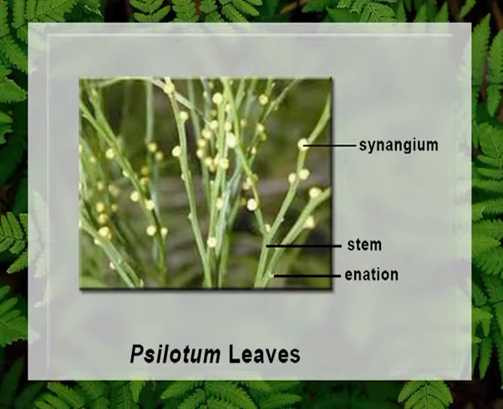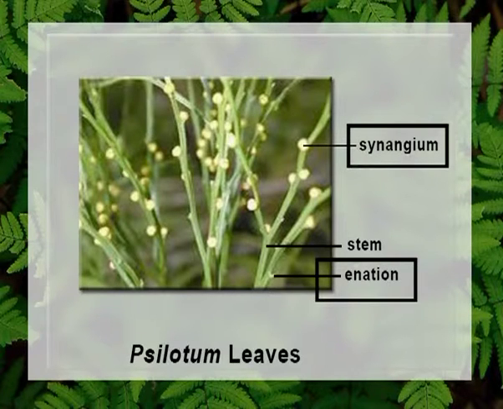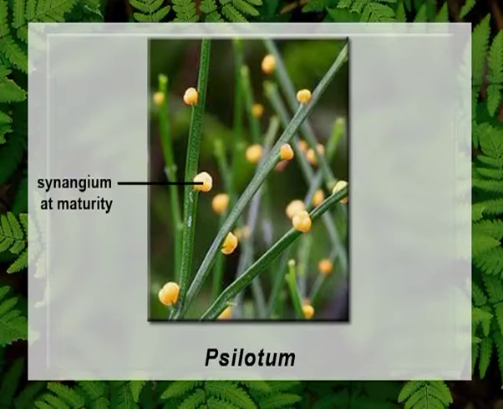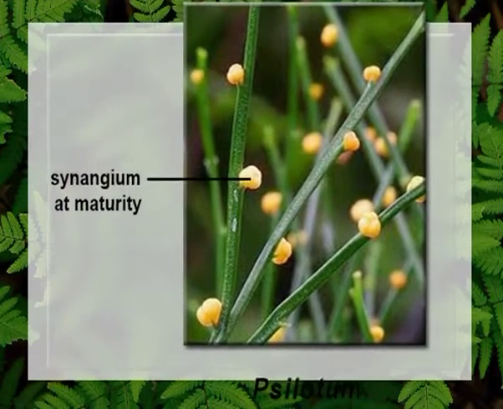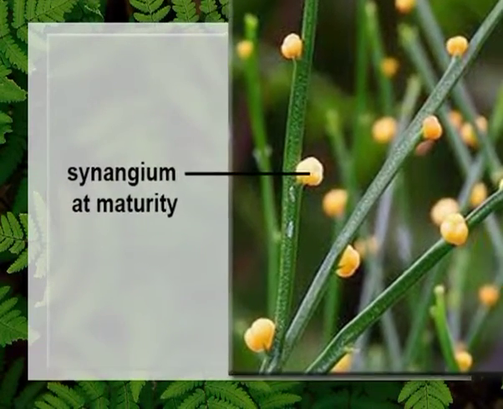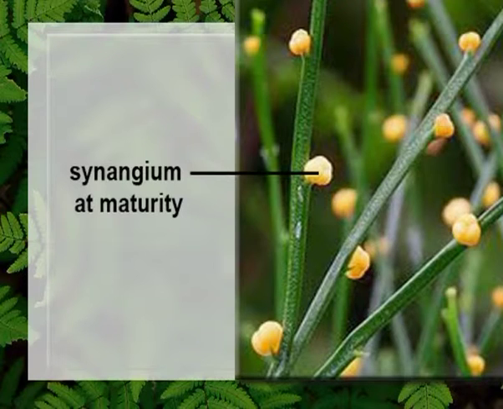The leaves of Psilophytes are highly reduced, peg-like structures, and may lack a vascular strand. In this case, they are termed enations. The sporangia are 2 or 3-lobed, which is called a synangium. The synangia are yellowish at maturity and are subtended by a forked appendage.